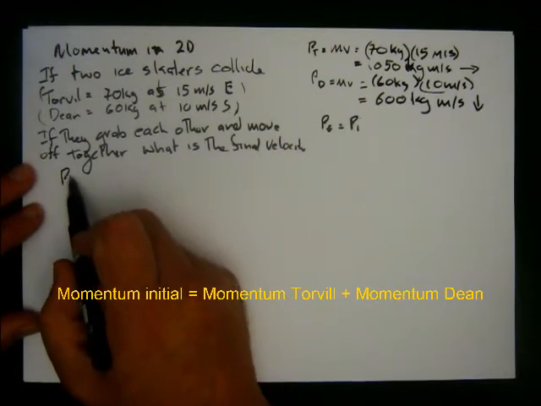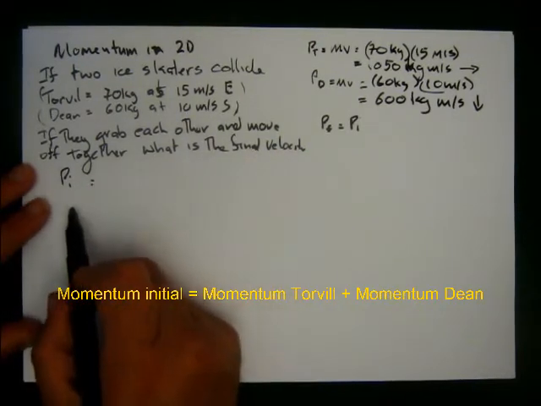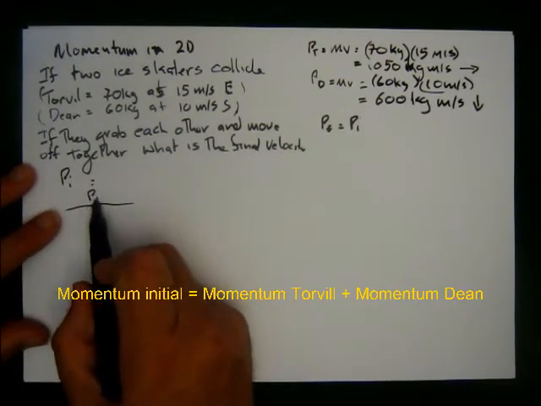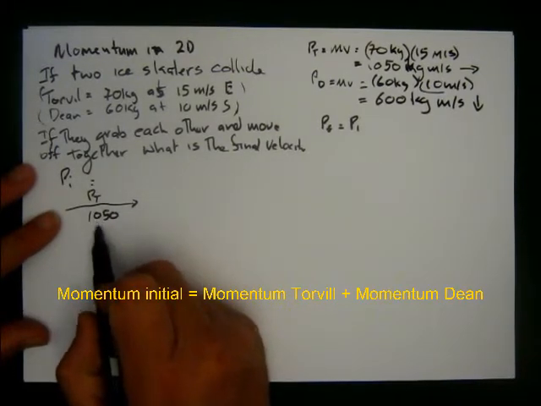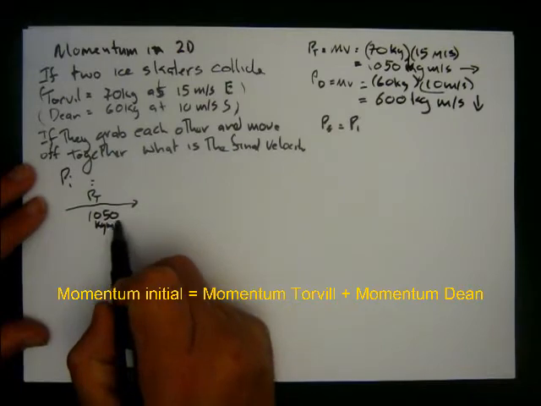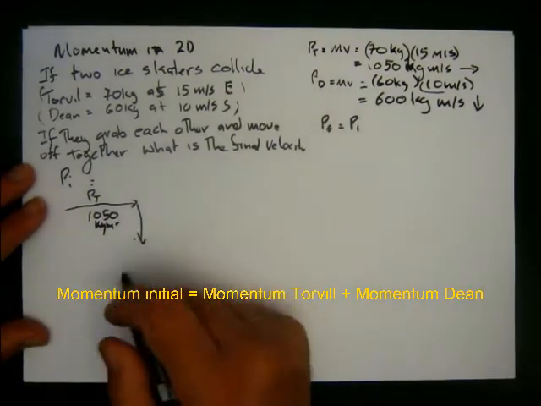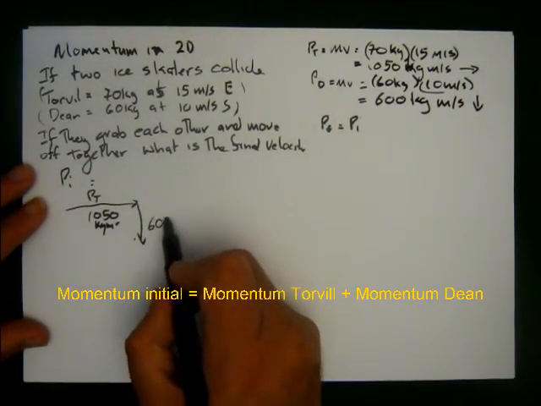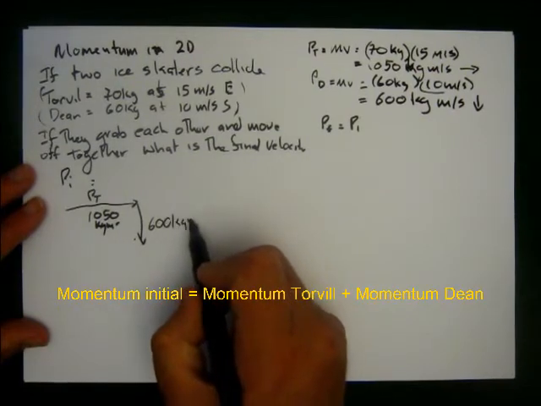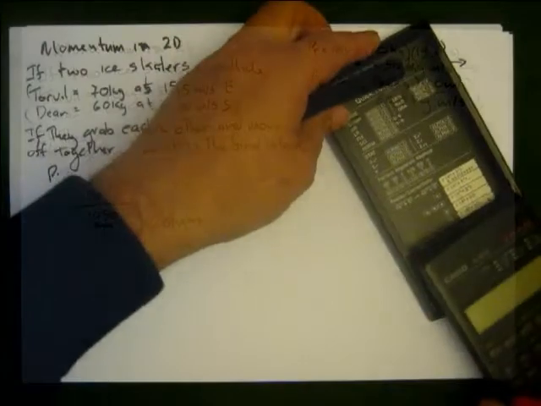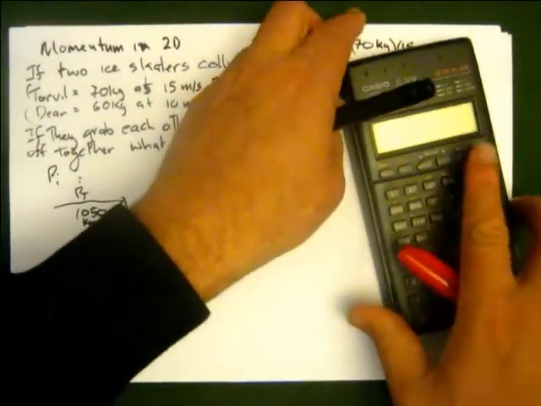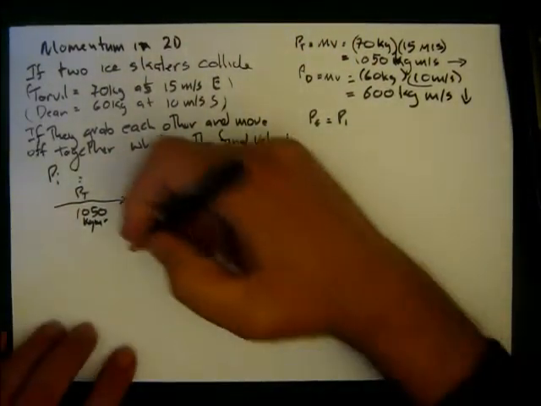So P initial equals Torvill, 1050 kg meters per second, and then Dean, 600. So these are two vectors, so I add them together the traditional way. I add them together, I draw in the resultant.